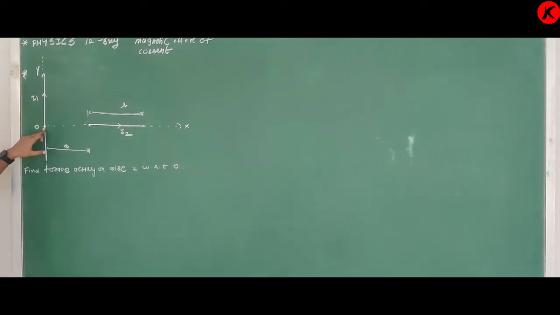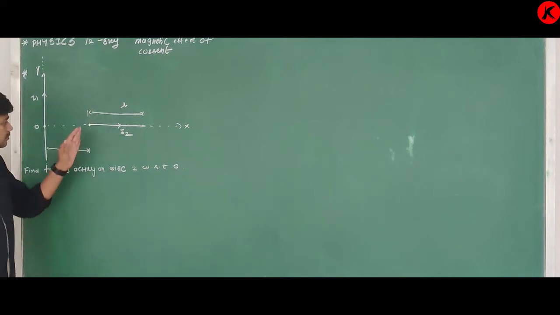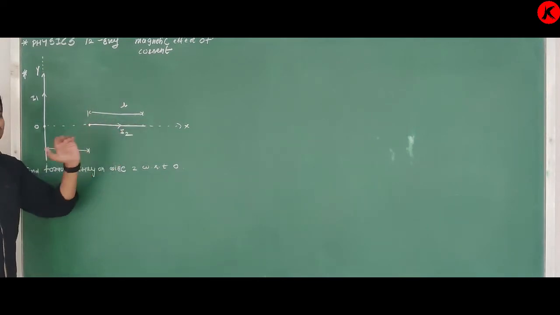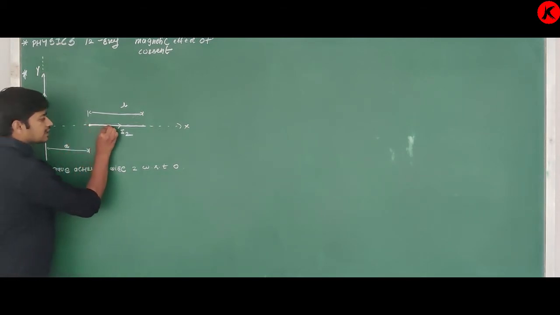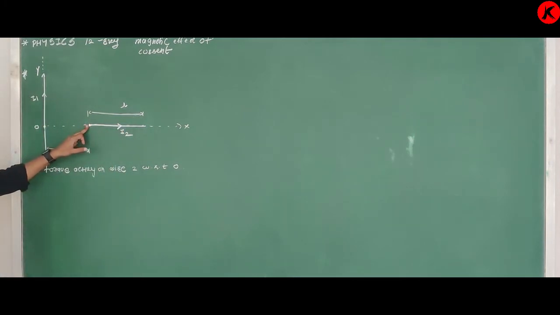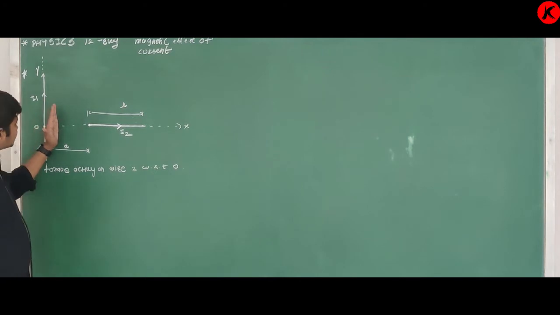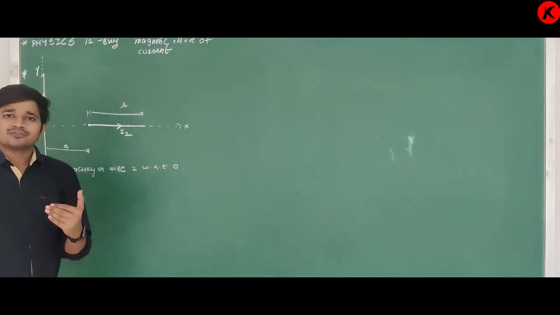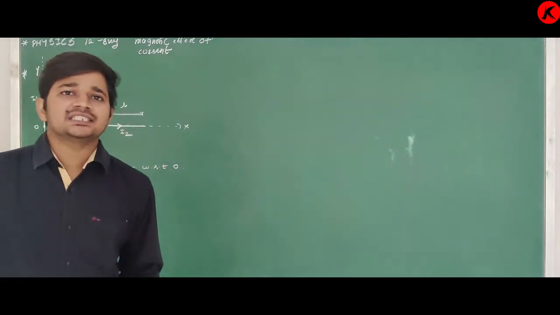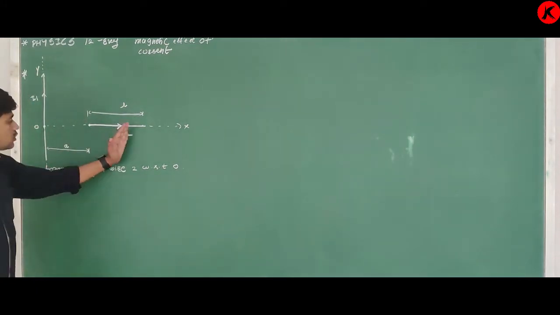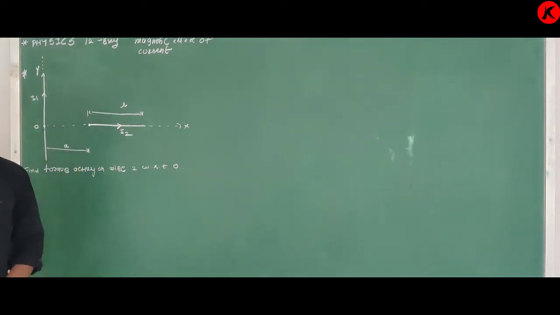We have to consider A or A plus L, because it varies from one end to the other. Also, as distance changes, the magnetic field changes and the magnetic force changes. So the magnetic force is not constant over the entire length.